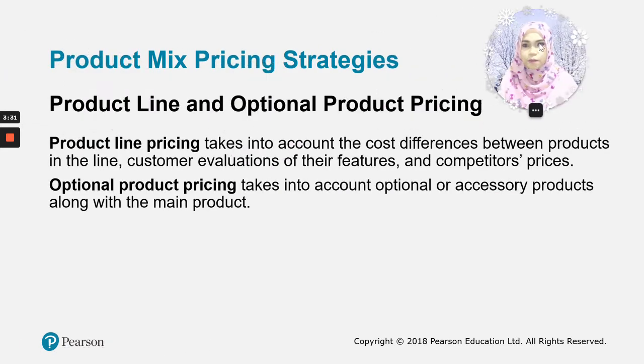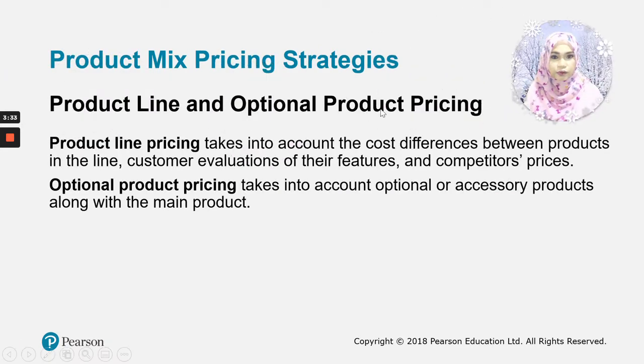When you talk about product line and also optional product pricing. Now, product line pricing takes into account the cost of different products within the line itself. So customers will start to evaluate their features and also the competitors' prices. For example, different product lines, it's like Colgate. You know Colgate, right? It's the toothpaste.